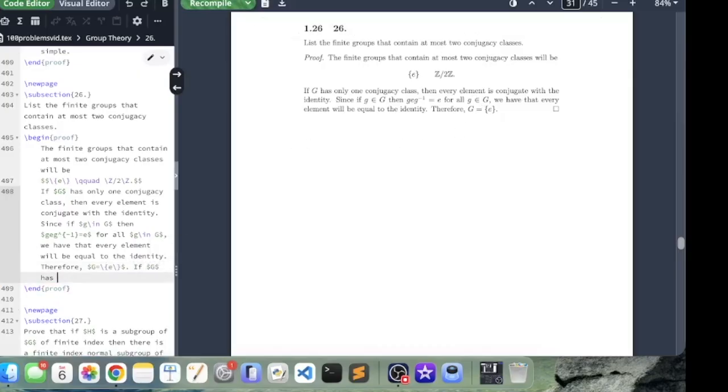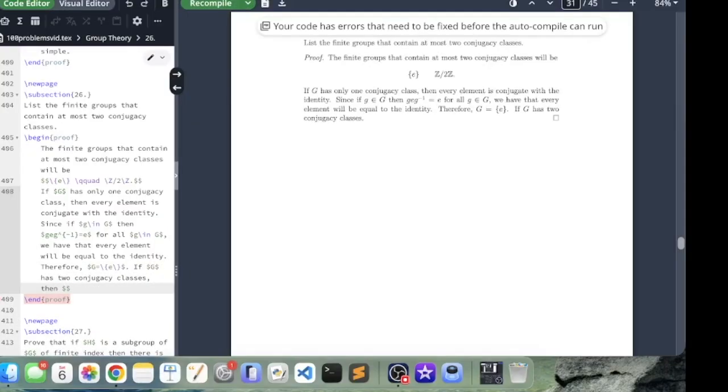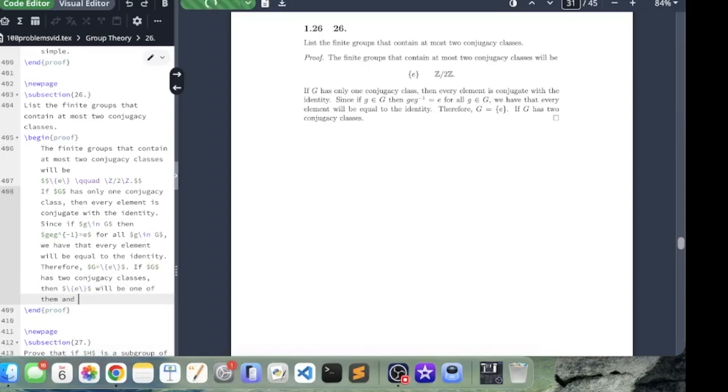If G has two conjugacy classes, then the trivial group will be one of them, and let C be the other.